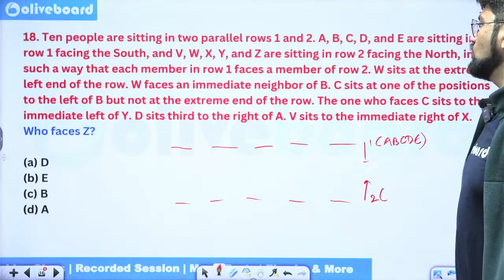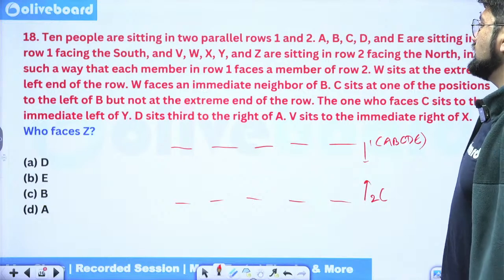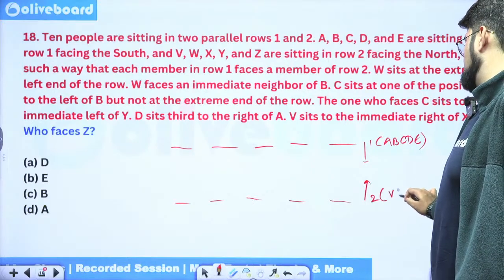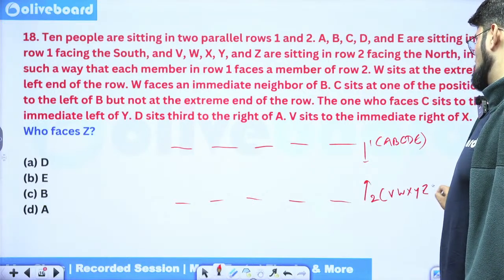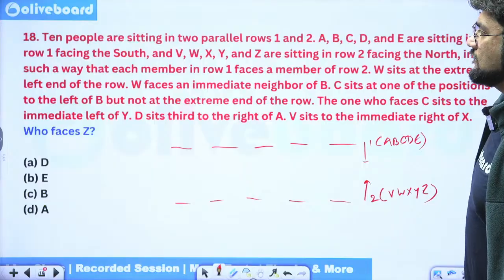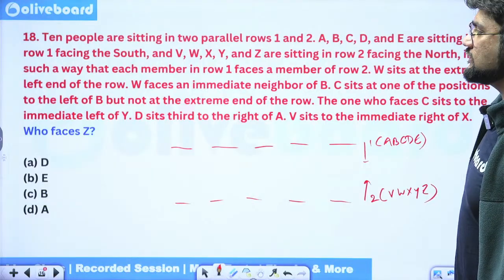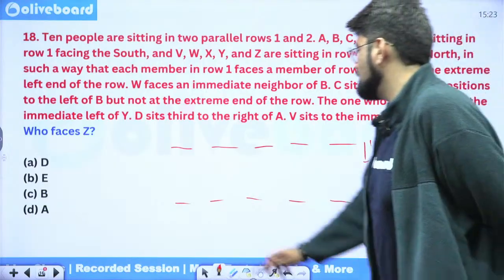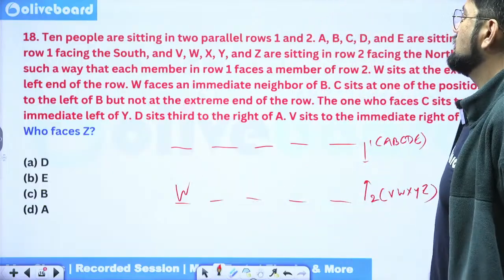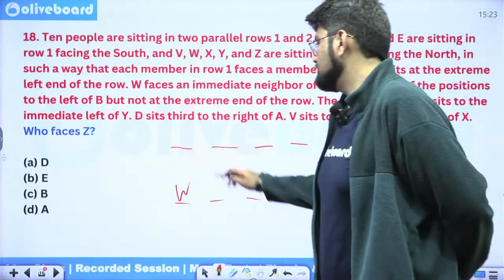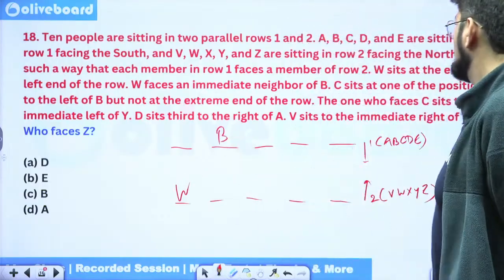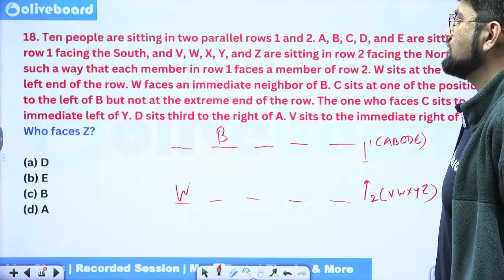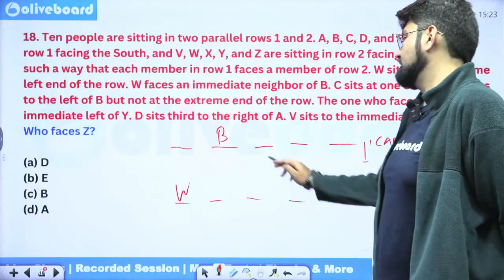Row 2: V, W, X, Y, Z. W sits at the extreme left end of the row. Here is W. W faces an immediate neighbor of B. This is B. C sits at one of the positions to the left of B, but not on the extreme end of the row. So C is either here or here.